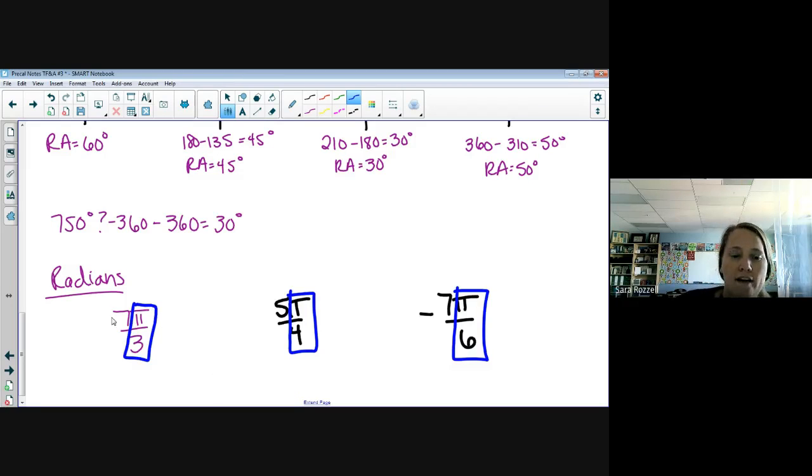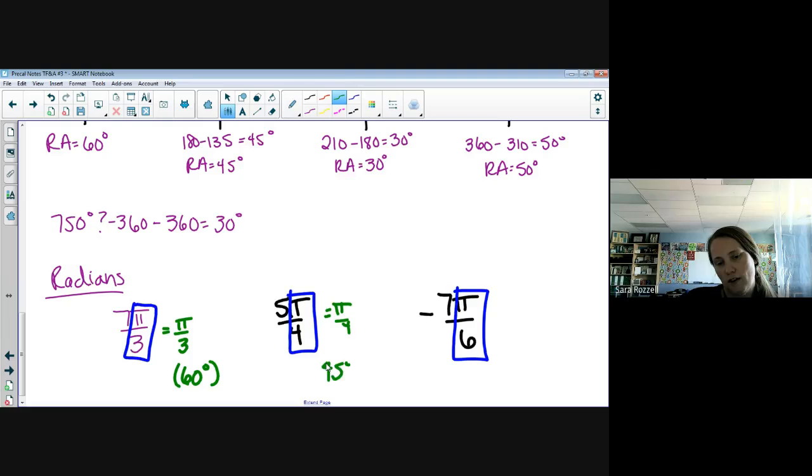So if you have it in radians and your radians are a pi over 4, 3, or 6, the reference angle is just whatever that is. You just ignore our number in the front. This will give us a number that's between 0 and 90. So our reference angle for this one is pi over 3, which remember that is 60 degrees. This one is pi over 4.